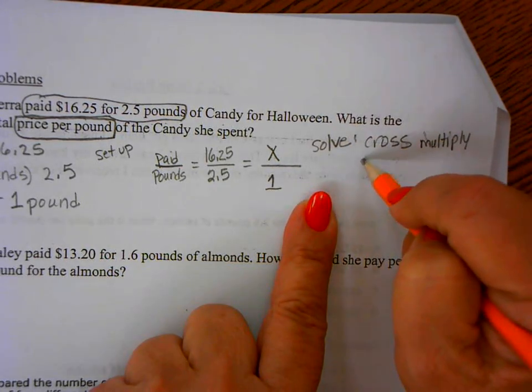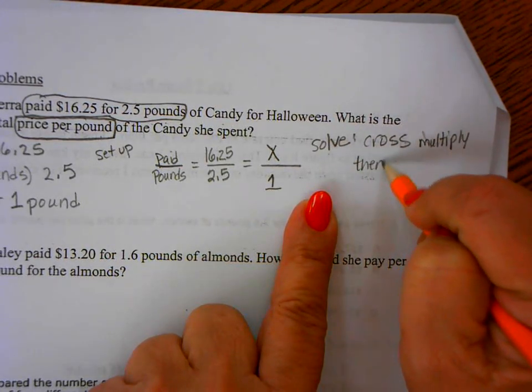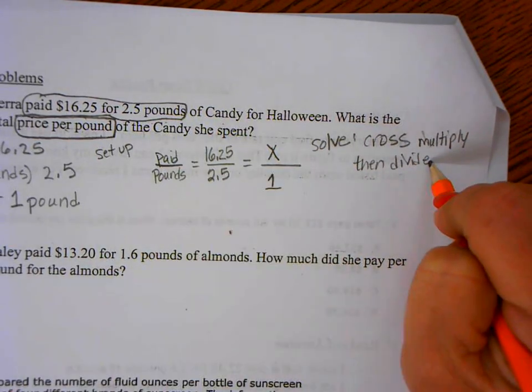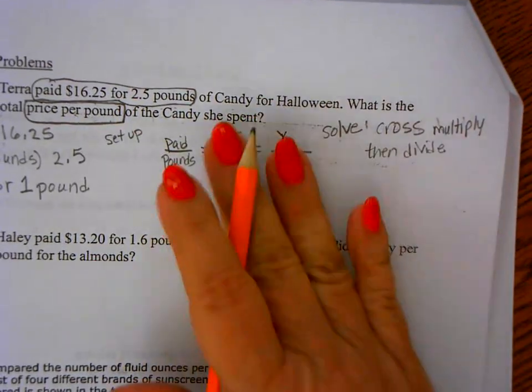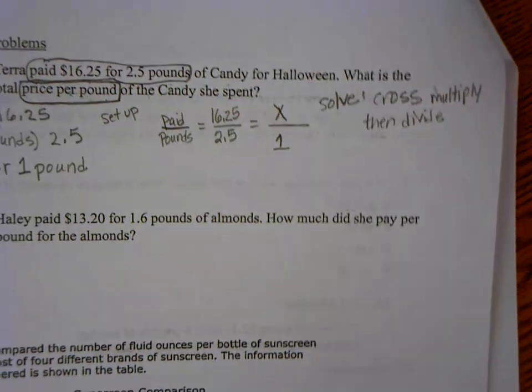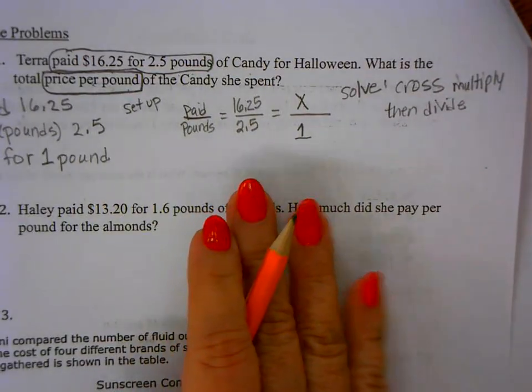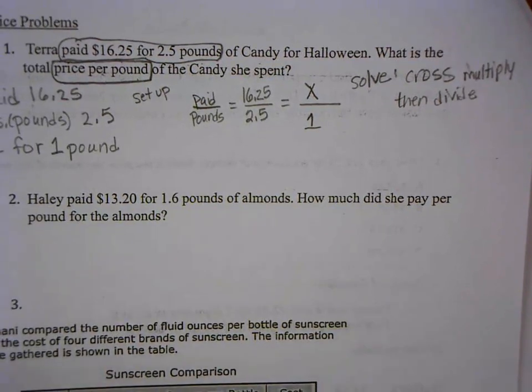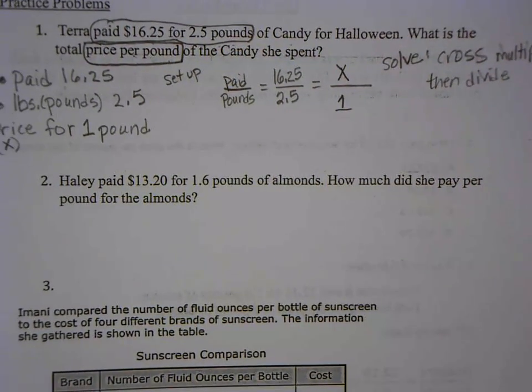And then I'm going to divide to isolate my X. When you complete it, we'll go over the answer choices in class, but I just want to make sure that you're understanding how to set that up. Okay, that'll be it for number 1 on setting it up.